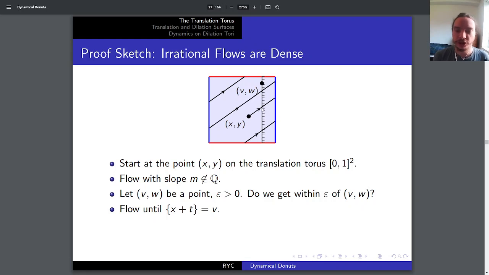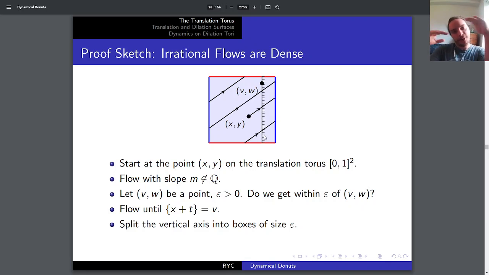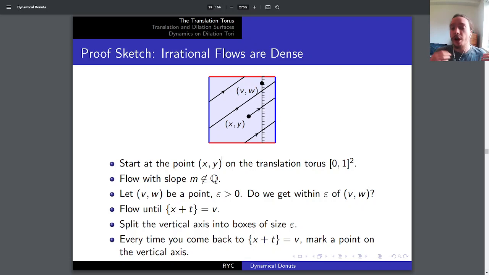So we've hit this line, and what we're going to do is take that line and split it up into lots of little boxes. And each box is going to have size epsilon. So remember, epsilon's our error, so if we split it up into all these little boxes, we can think about, every time that we come back to our line as we move around and around and around, if we mark a point on that line, saying, I hit this point, I hit that point, we can pay attention to which box each point falls into, okay?